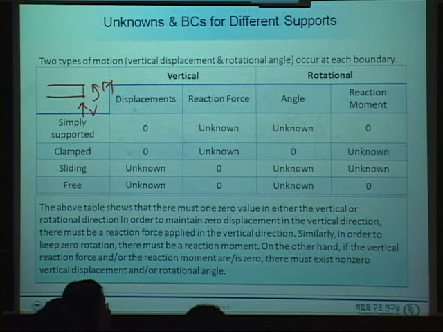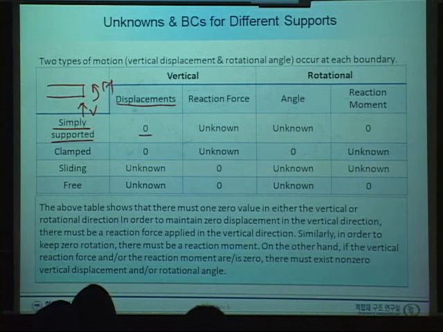So simple support condition, we have the displacement. Always the displacement is 0, right? Because simply supported means that the deflection is not allowed. To do that, we always have the unknown reaction force, supporting force.